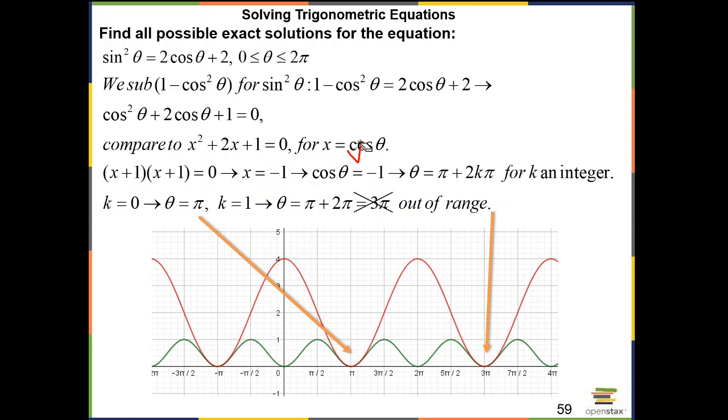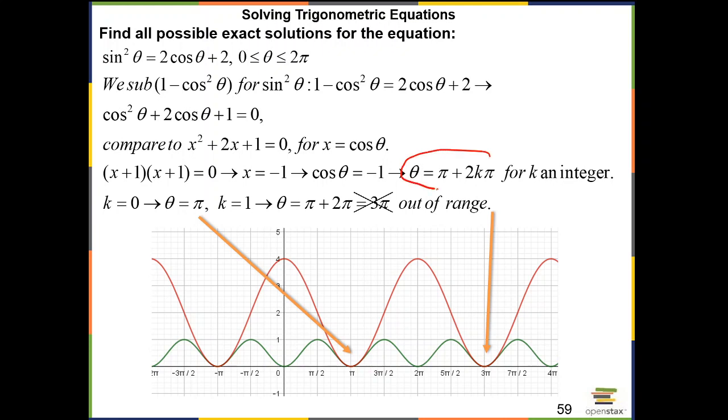So what are the solutions? All the solutions for this equation, well, we just take cosine inverse of both sides. So theta is, well, in one period of cosine, where is it that cosine is negative 1? Over here, pi. That's the only place. So we are going to write theta is pi plus 2k pi.